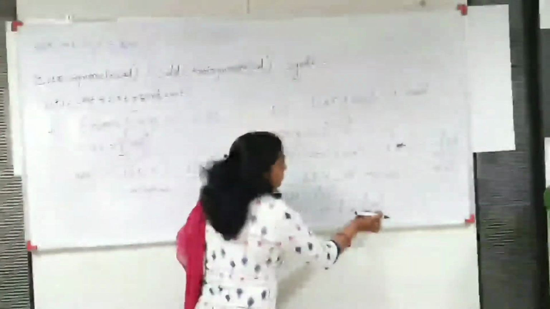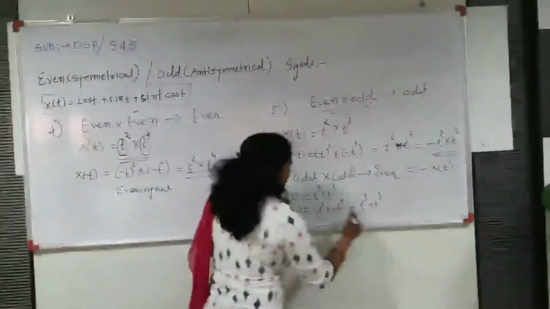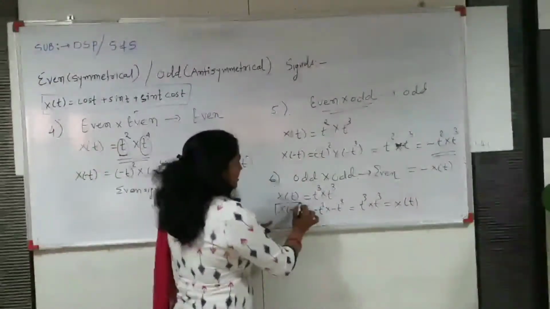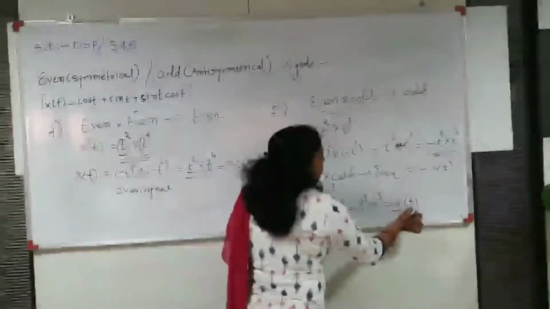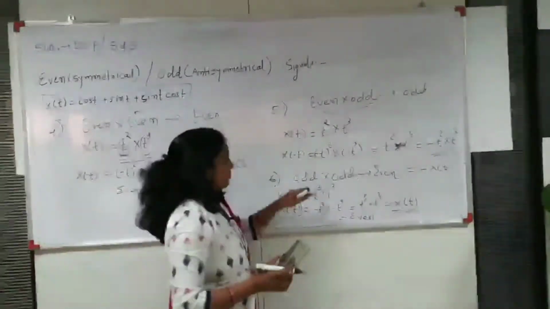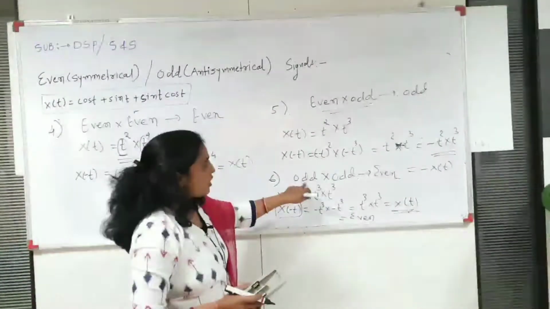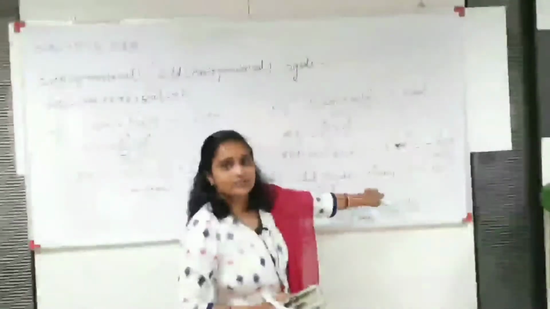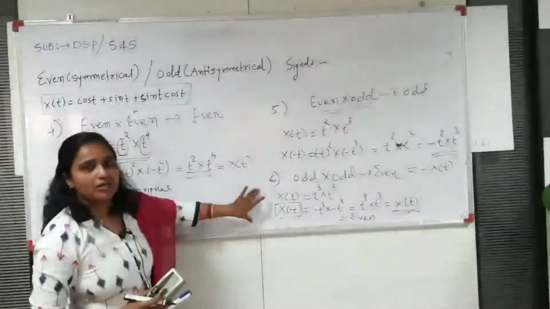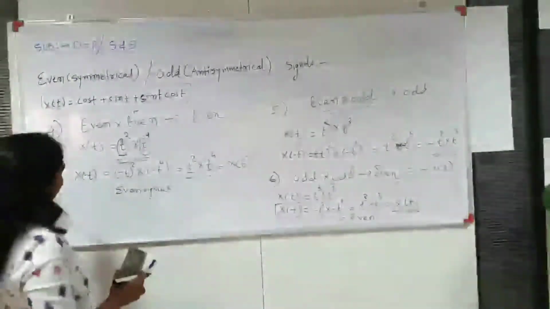So it's our original signal, x of t. So again x of minus t is equal to x of t, so it becomes an even signal. Remember this: odd into odd is always an even signal. This is the sixth property of even and odd signals.